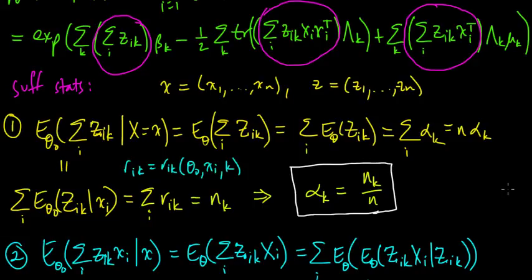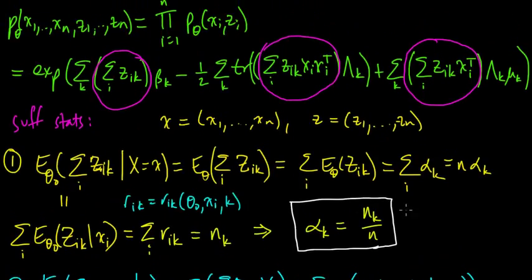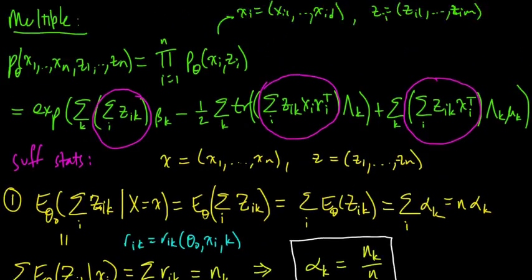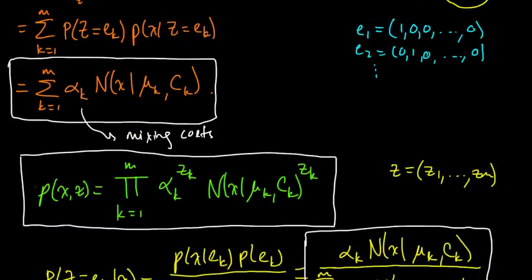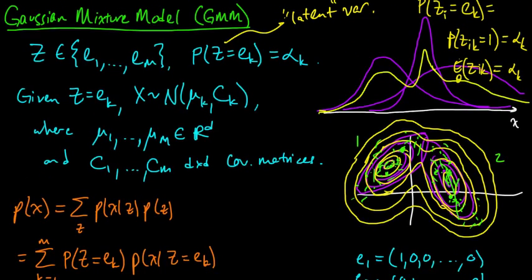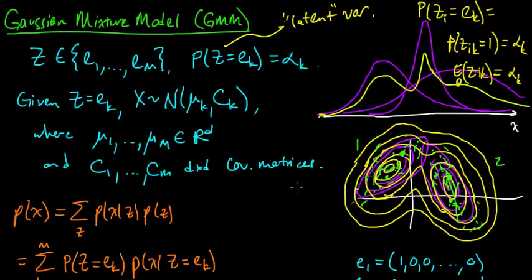The probability that zik equals 1 given xi equals this expectation. And if we think back up here to our model, what does this conditional probability mean? That means if we're given some x, let's say x is here.